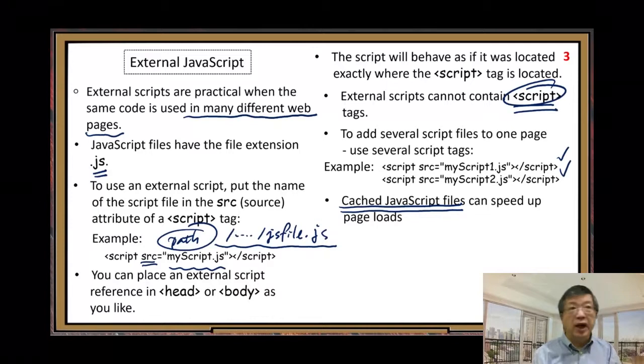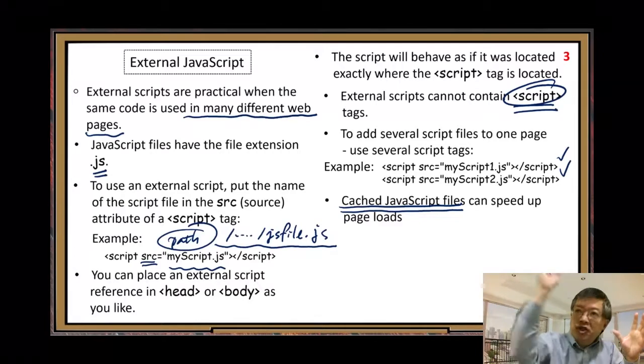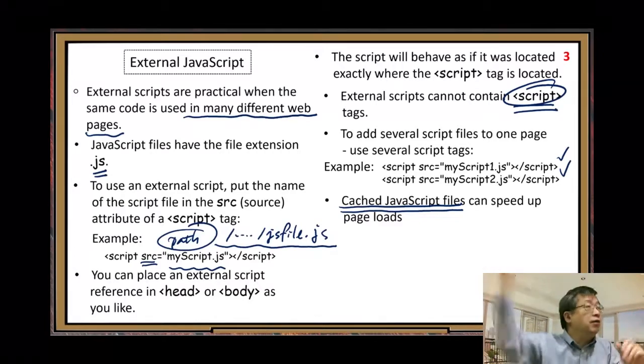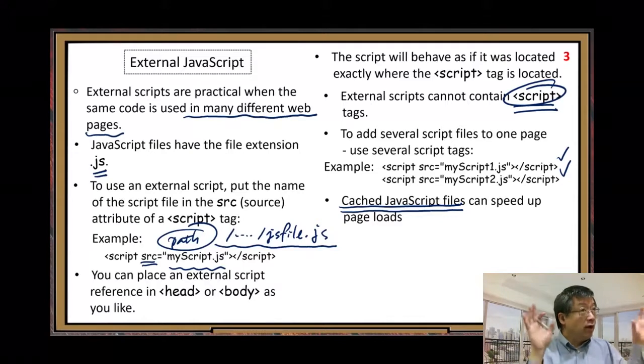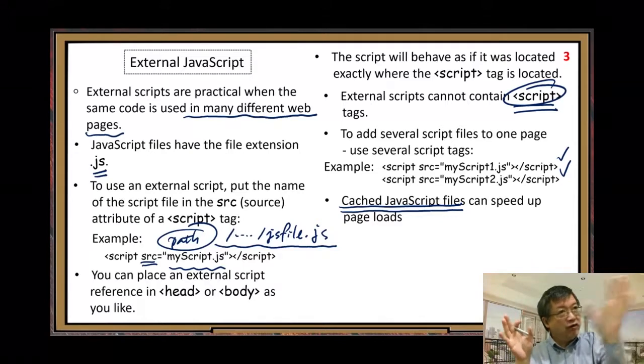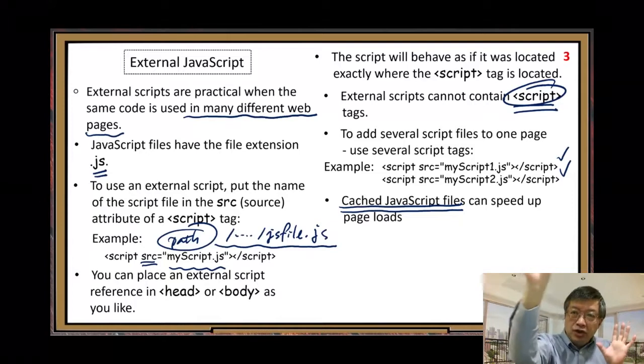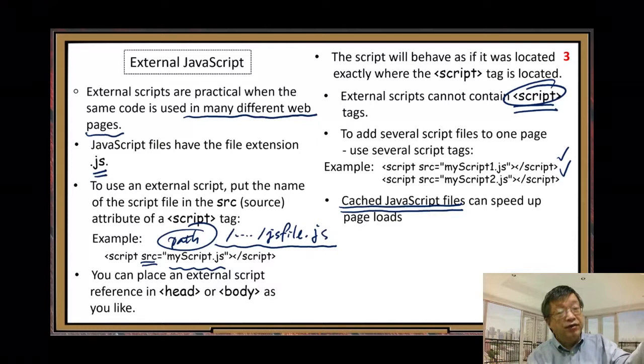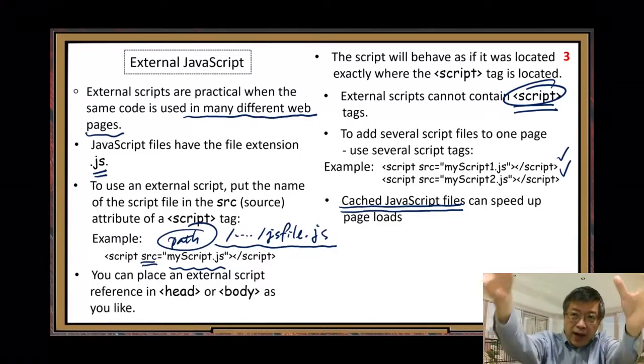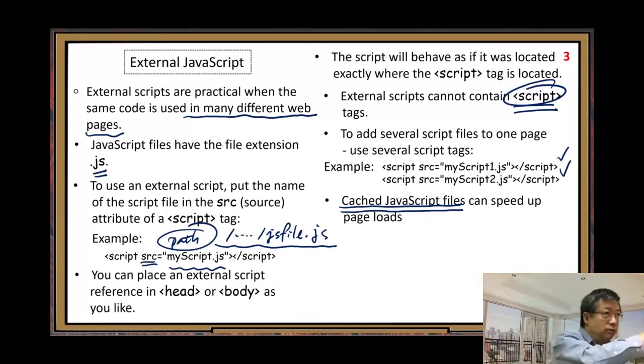For example, suppose you have 5 HTML documents, and all of them need to use the same external JavaScript file. When you visit the first page, that external JavaScript file is loaded into the web browser cache and kept there.